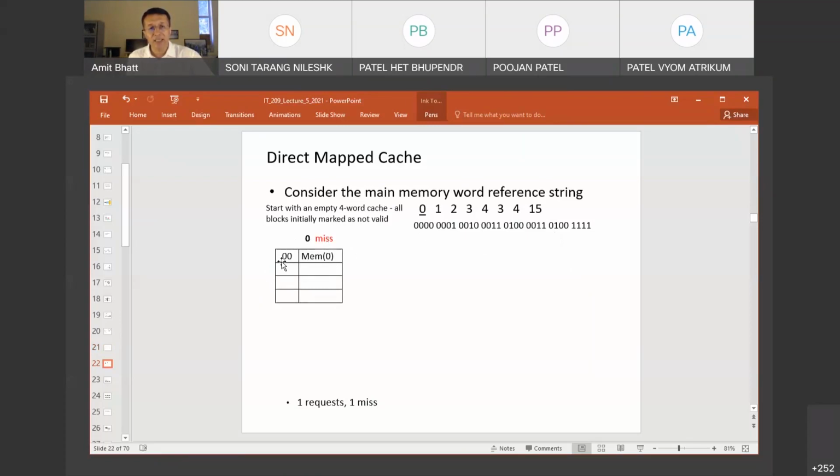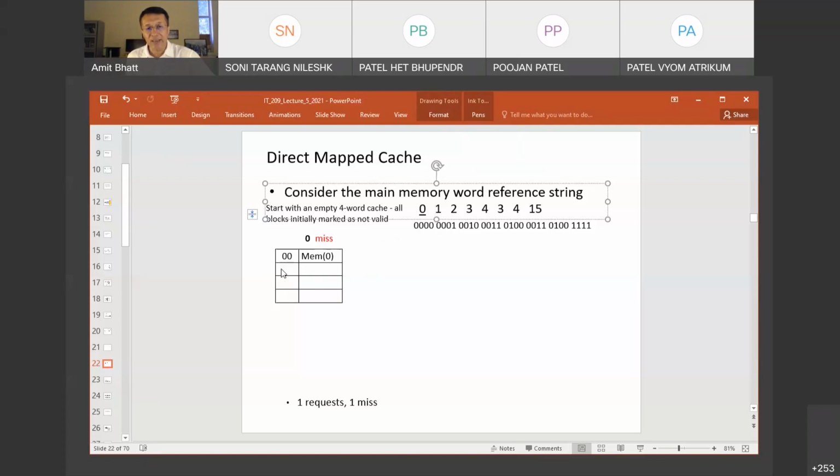You got the data, and your tag is again 00. The tag is the same as the index because the index is also 00. Now, the second one is where the processor asks for address 0001. Of course, 0001 is not here, so it will have to go to main memory and get this particular address. And after getting it, where will it sit?